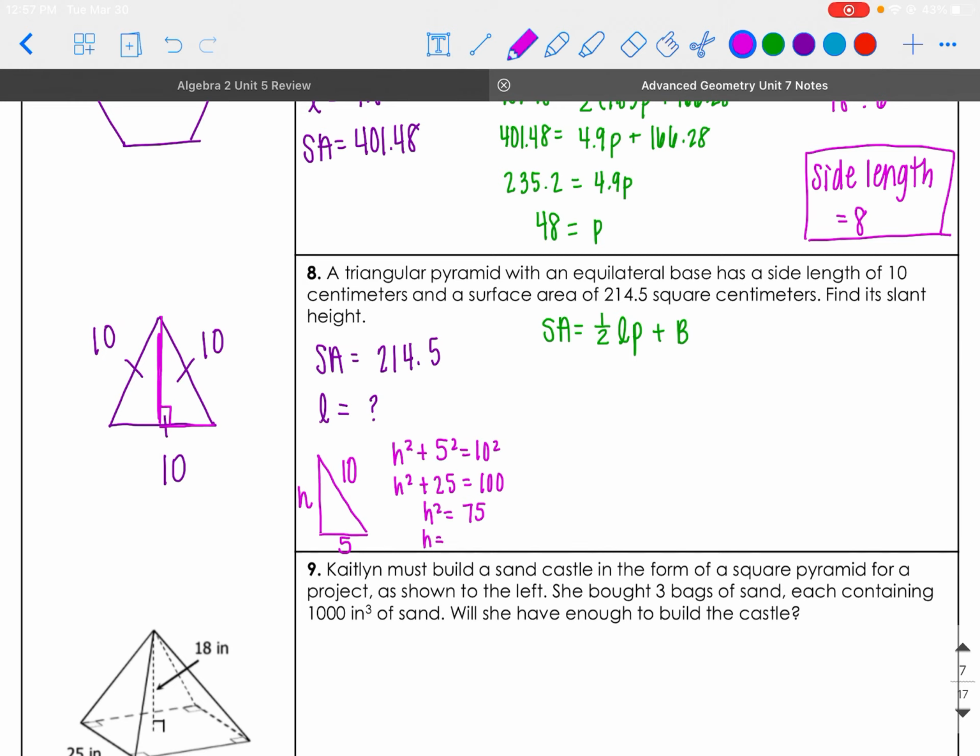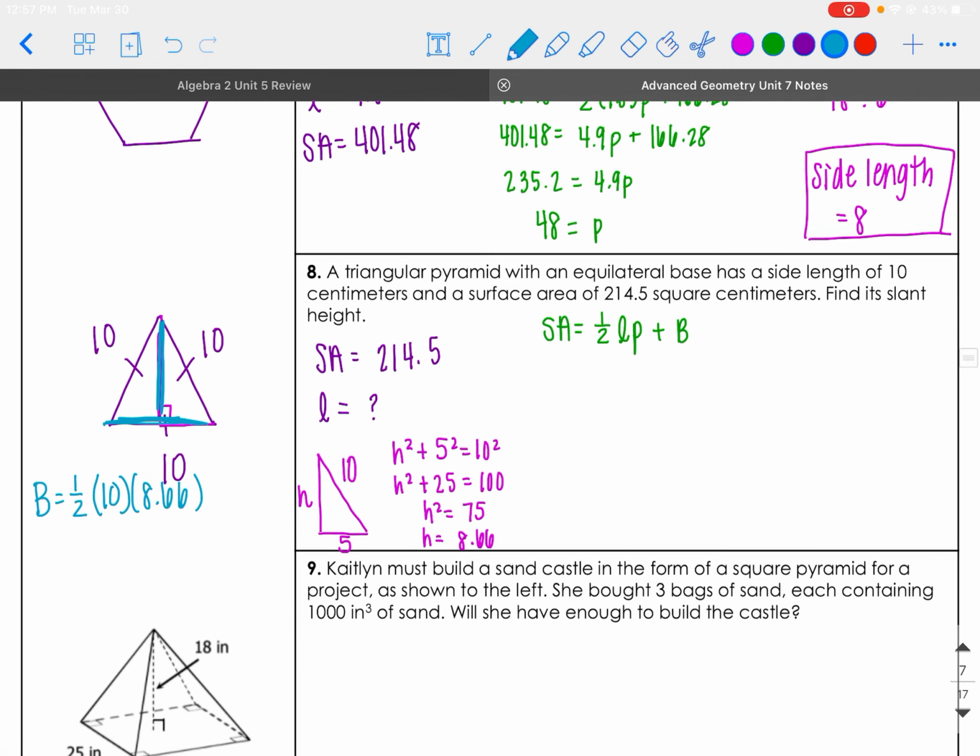And so my height is 8.66. So the area of the base, so my capital B, is half times 10. Here's my whole triangle, and the height of my triangle was 8.66. So my area of the base is 43.3.